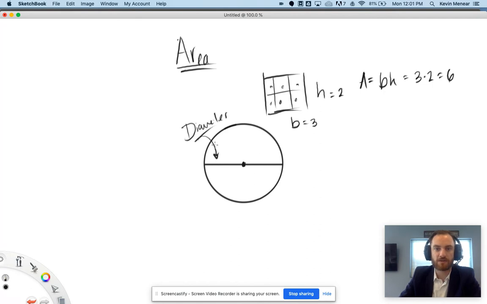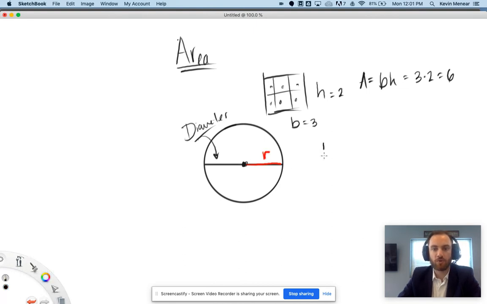So the diameter of the circle is the width from one point of the circumference to the other point of the circumference that goes through the center. So the length of that chord. Okay, that's the diameter. Now half of that diameter, so this from here to here, is the radius.